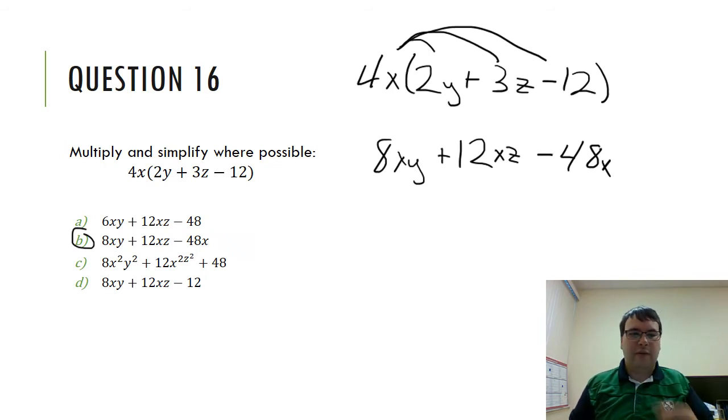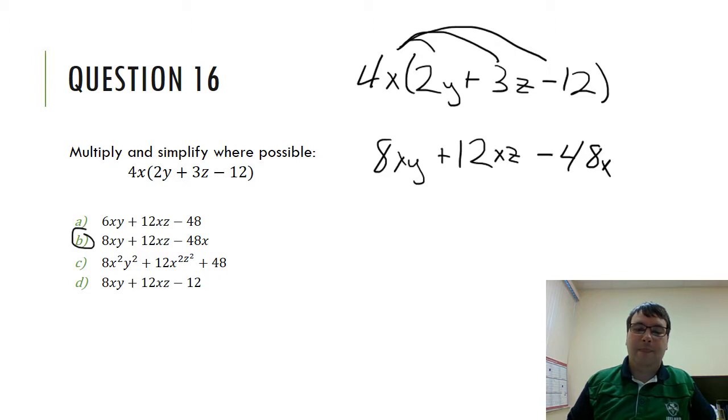Question 16 says we have 4x times the quantity of 2y plus 3z minus 12, and it says multiply and simplify where possible. So let's check it out. If I have 4x, it's a monomial term, times this trinomial of 2y plus 3z minus 12, and I'll cross that z.